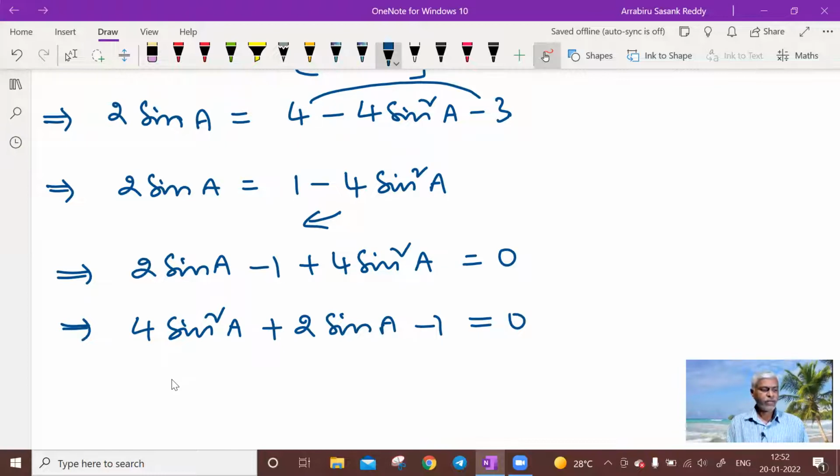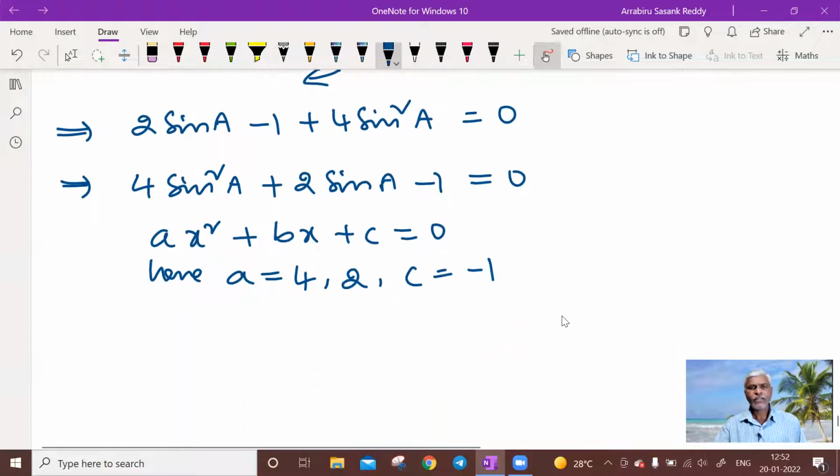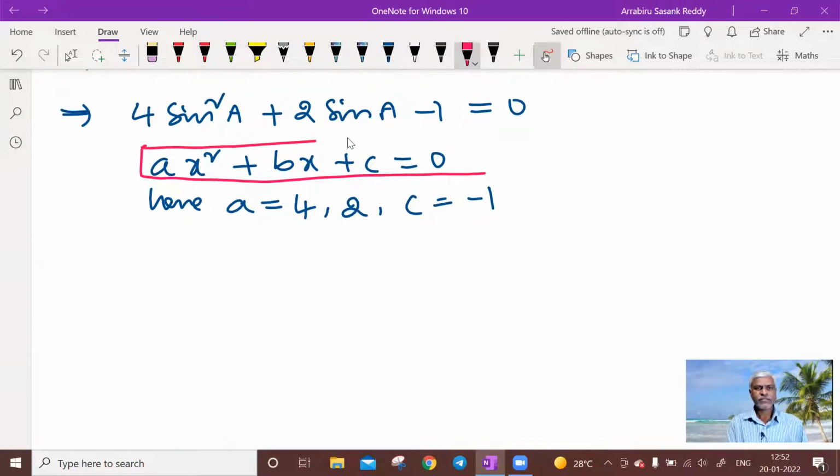So this is in the form of a quadratic equation, that is ax square plus bx plus c. Here a value is the coefficient of sin square, b value is the coefficient of sin, and c value is the constant. So this is in the form of a quadratic expression.